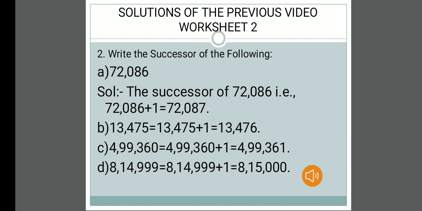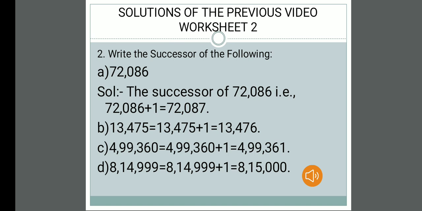Now here we can see the example: 72,086. Solution. The successor of 72,086, that is, we have to add 1 to the given number. So the answer is 72,087.